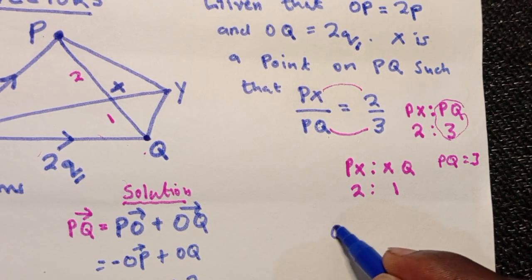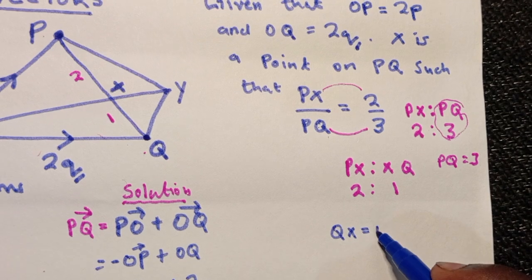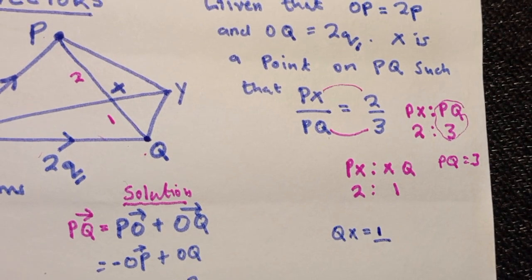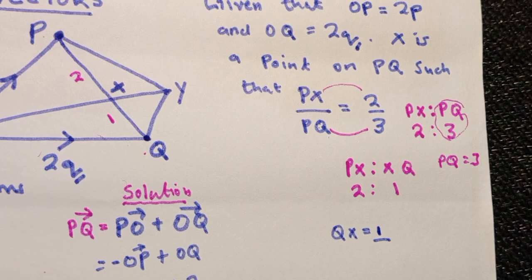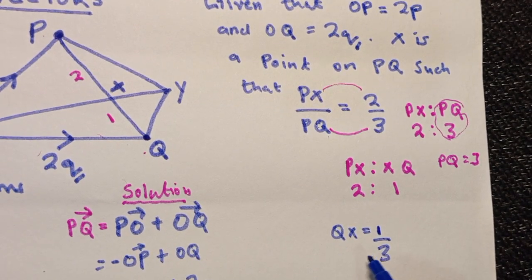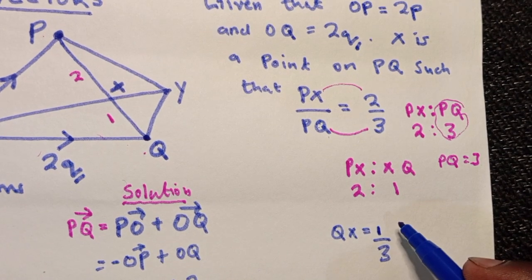So QX is simply, there's a 1 here, so you write 1. All ratios, divide them by their total. What's the total for the ratios? 2 plus 1 is 3. So QX is simply 1 over 3 of what?